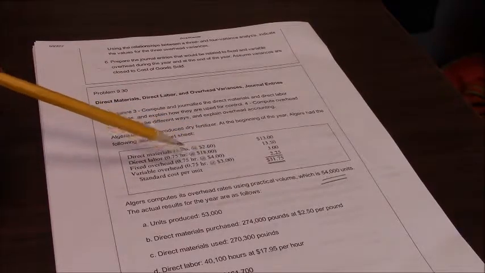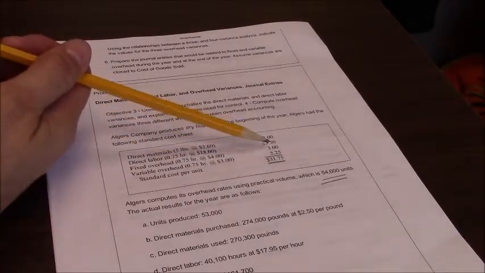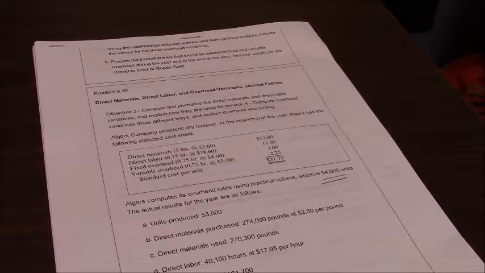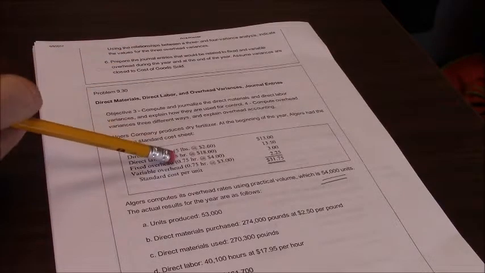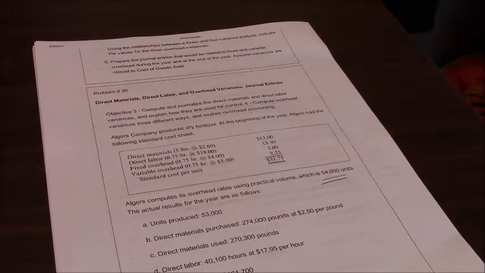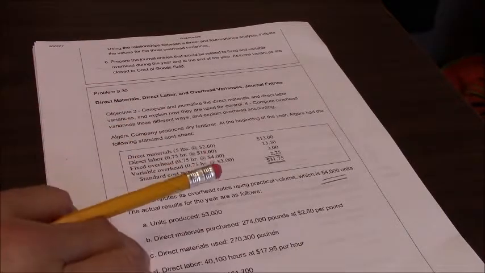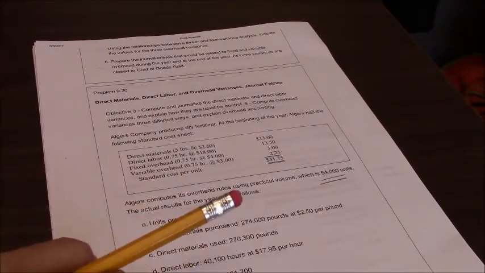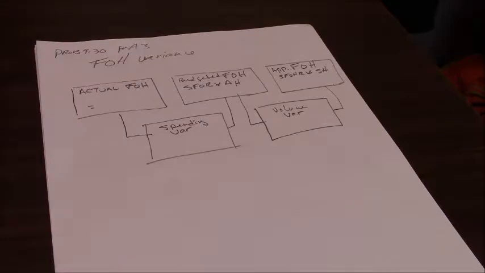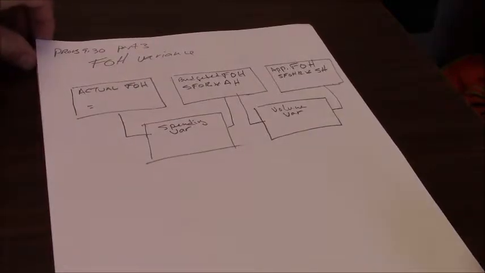So $4 times 3/4 of an hour is $3 per unit. So that's what we would have assumed when we made our budget and when we were applying the overhead throughout the month. So now we can look back and see how much overhead was actually used and how close did we come when we applied it, and if we were wrong, where did we go wrong?